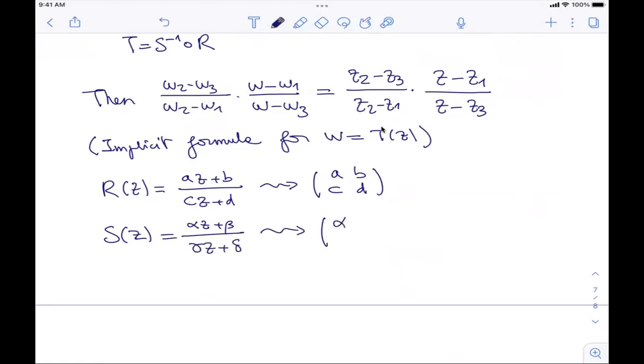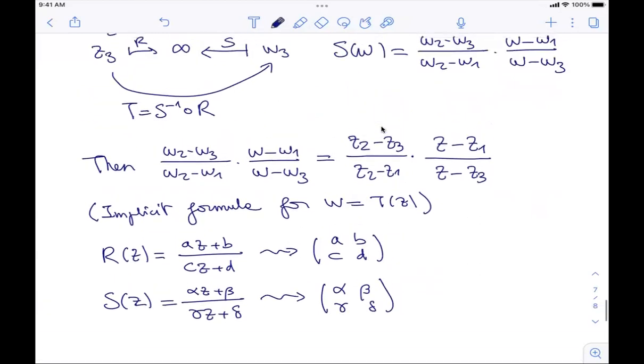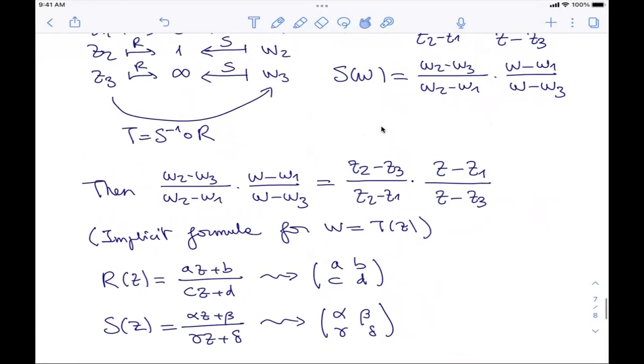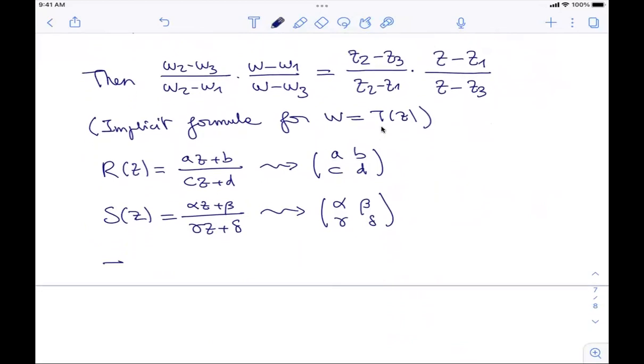That's associated to alpha, beta, gamma, delta, right? So I have the R and I have the S, and now I just need to find T: first apply R, then S minus 1. So that's associated with the product of the inverse times the ABCD matrix that gives me R.